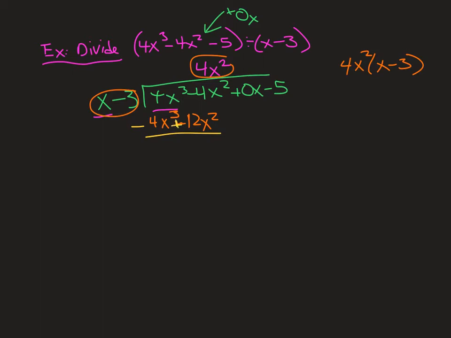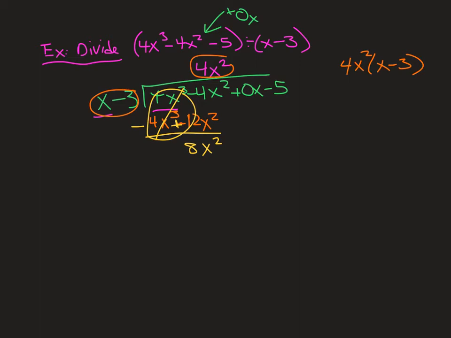So these give you 0, and I end up getting 8x squared. I do want to comment, if you get something other than 0 when you do this, you made a mistake. So if things do not cancel out, you made a mistake, and you're going to have to go back and find that mistake. Usually the mistake is not subtracting.